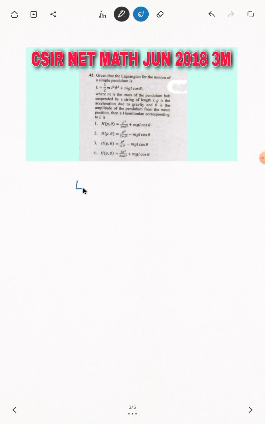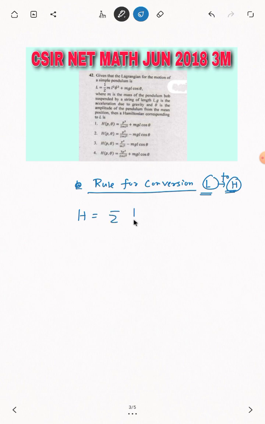In this question, Lagrangian, now the rule for conversion, this is important. This is an extremely important question for any kind of exam at higher level. Rule for conversion of L to H, that means Lagrangian to Hamiltonian: Hamiltonian will be the summation of Pi into Qi dot minus L. We are already familiar with L. This Pi is given by Pi equal to del L by del Qi dot.